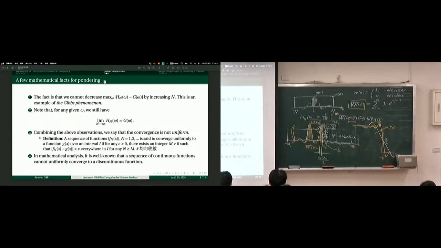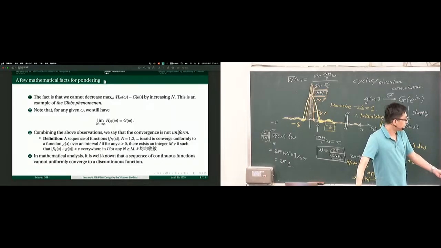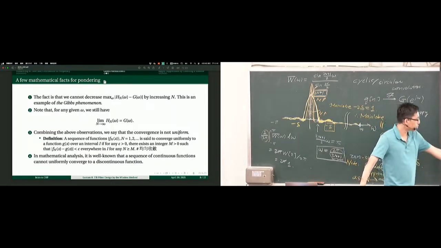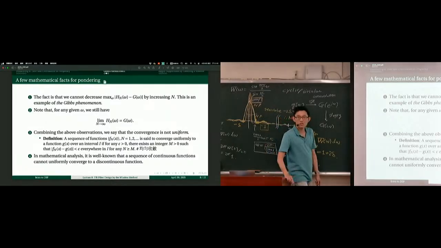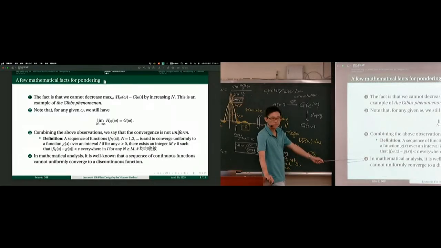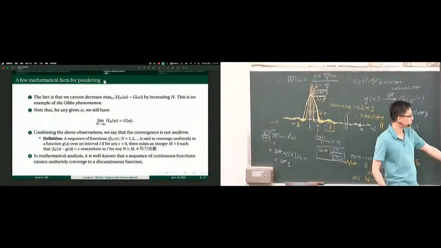All right. So the fourth remark I want to make on this slide. Turns out that if you have taken advanced calculus from the math department, this field is usually called analysis, real analysis, complex analysis, the kind where you work with epsilon and delta. In mathematical analysis, this is a well-known fact that a sequence of continuous functions cannot uniformly converge to a discontinuous function.